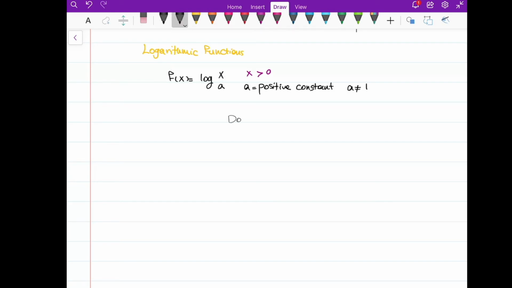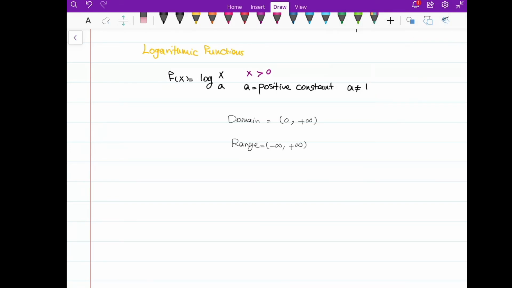So if I ask you what is the domain, you can say that the domain is all real numbers from 0 to positive infinity, not including 0. And the range of this function is negative infinity to positive infinity. Everything could be a range.